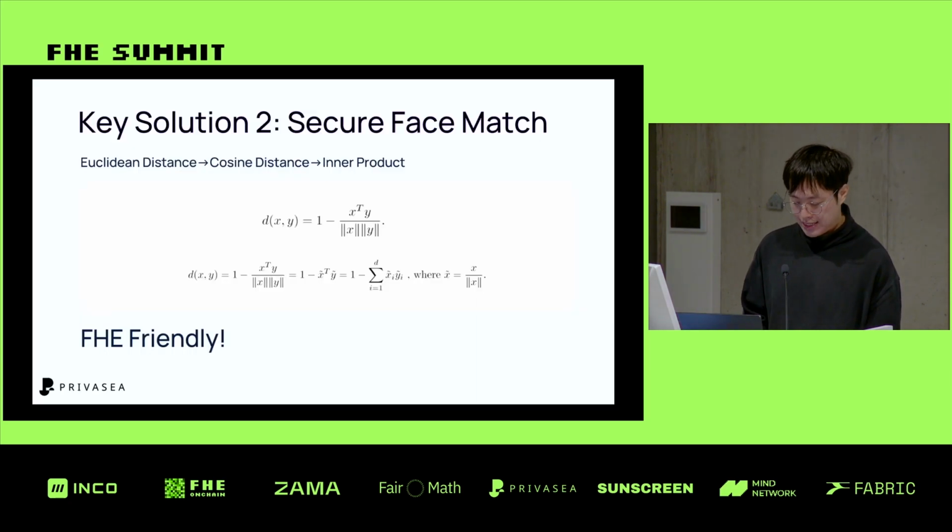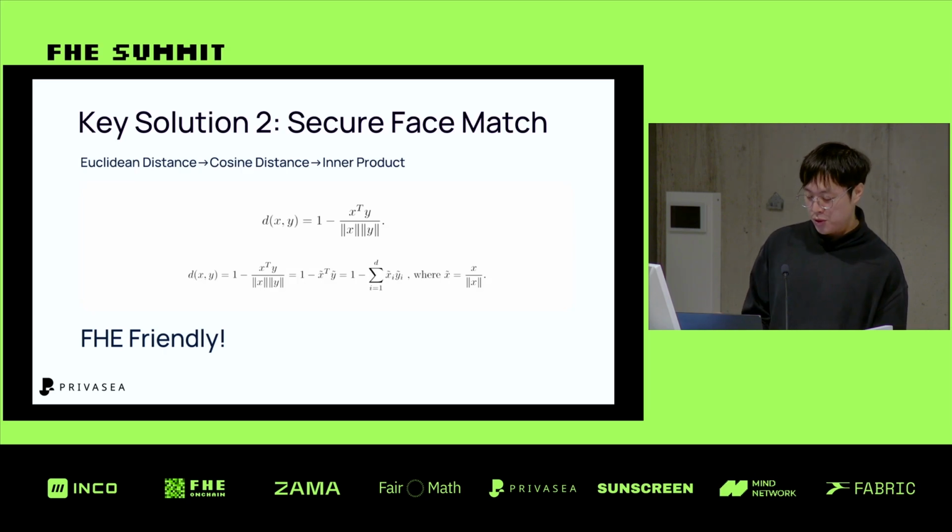So the second core solution is that in the original model, the comparison operation was achieved by calculating Euclidean distance. But it's a homomorphic-unfriendly function because it has a lot of powers of 2 and a lot of squares and so on.